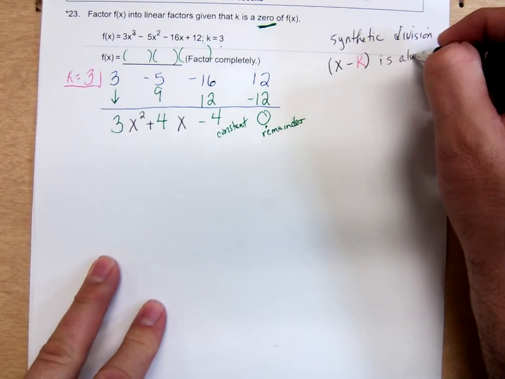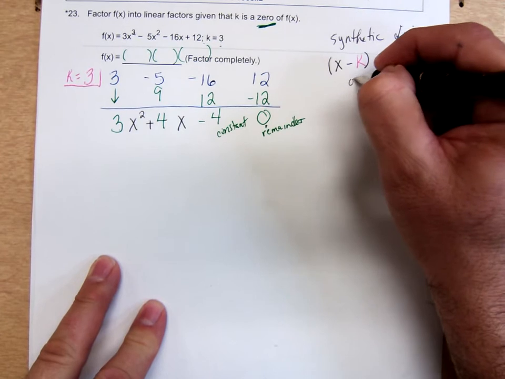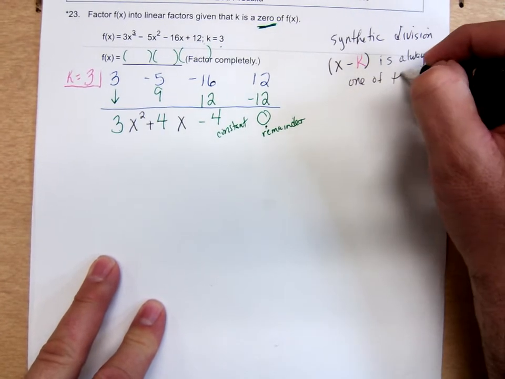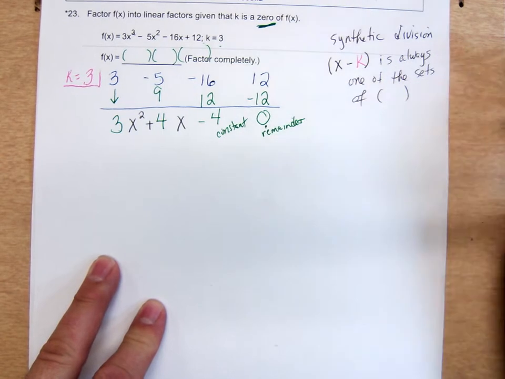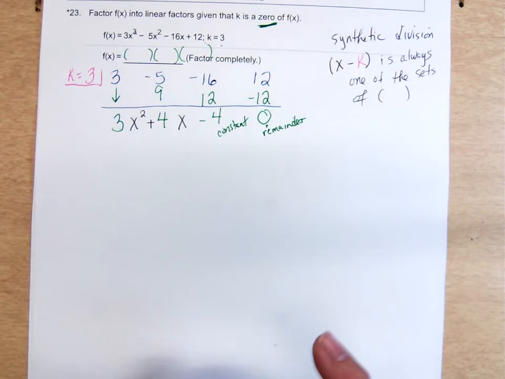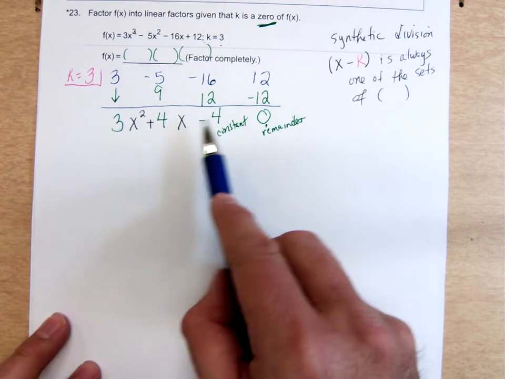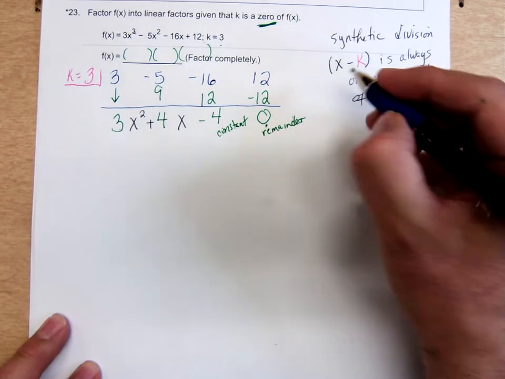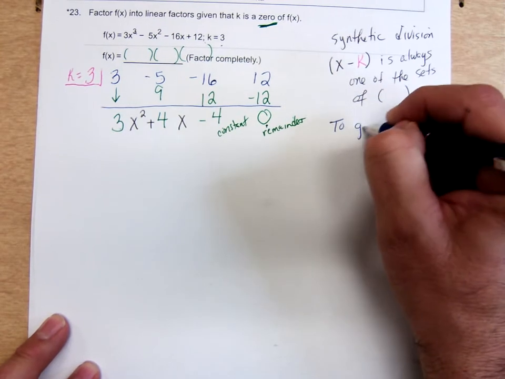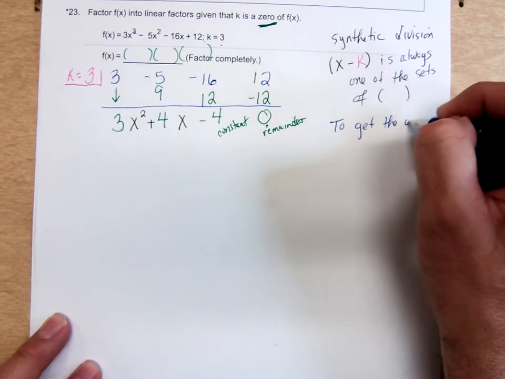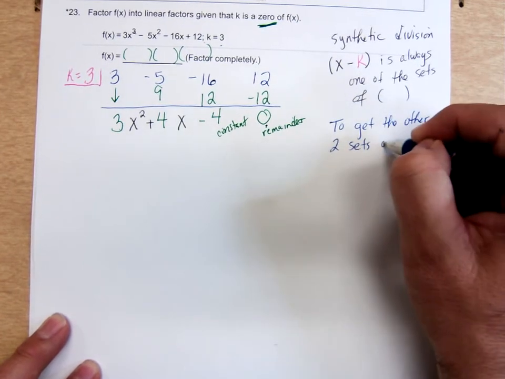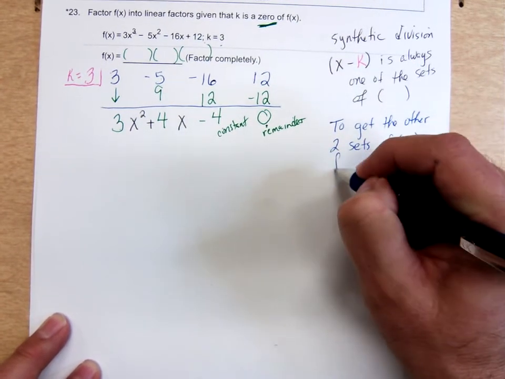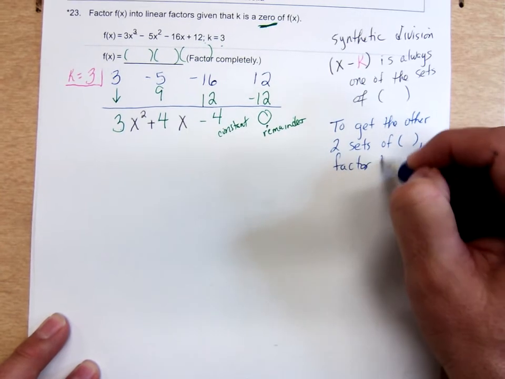To get the other 2 sets of parentheses, factor the quotient.